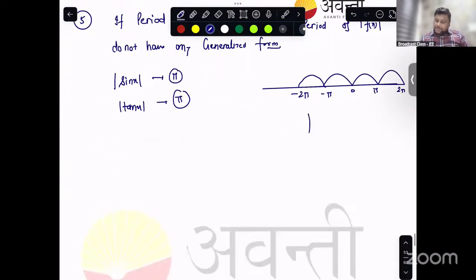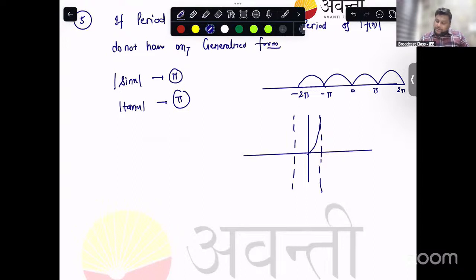Because in between minus pi by 2 to pi by 2, this is the graph, and when you take the mod, the negative portion will come upside. So the graph of mod tan x will be like this. That is why its period does not change. The period here is also pi.